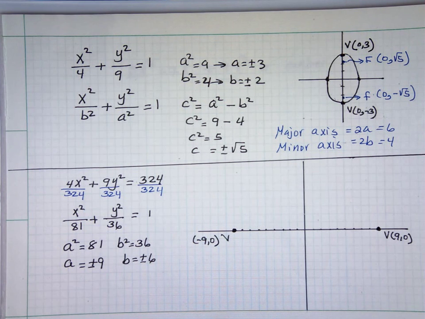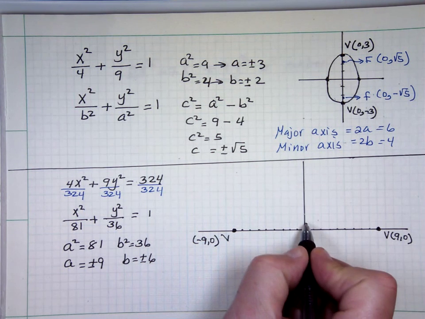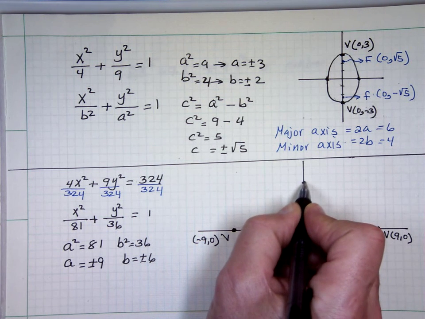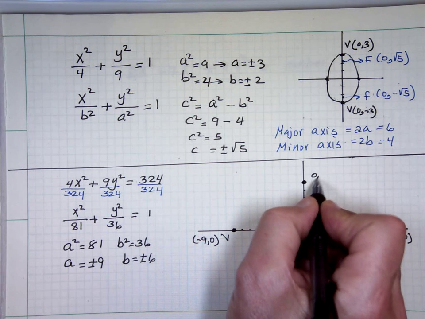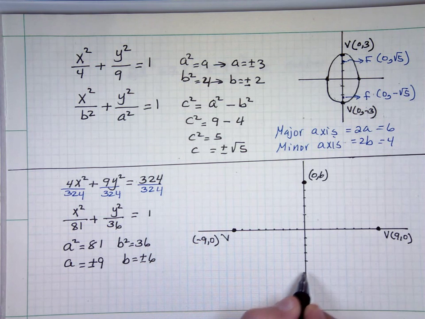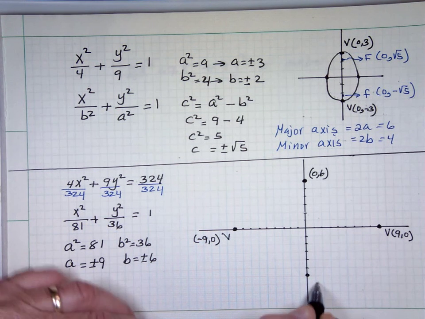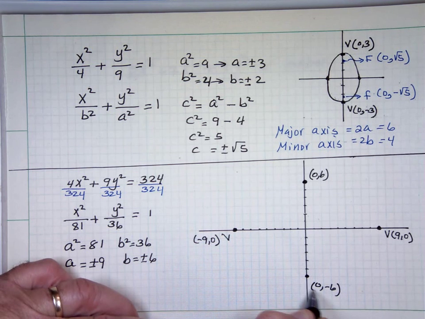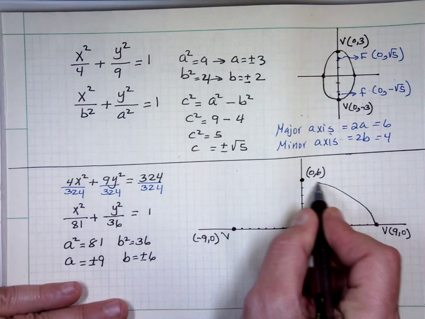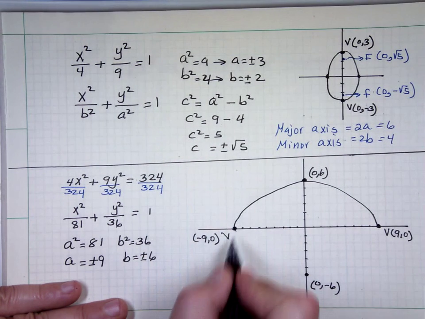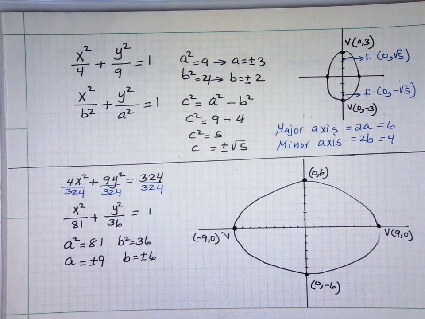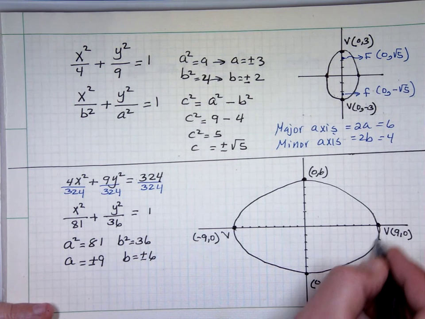In the y direction, I have to go how many? 6. 1, 2, 3, 4, 5, 6. 0 comma 6. 1, 2, 3, 4, 5, 6. 0 comma negative 6. And try to connect these. That's what the graph of that looks like.